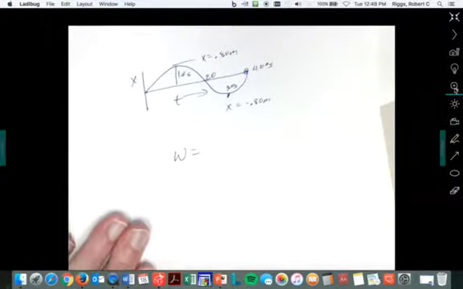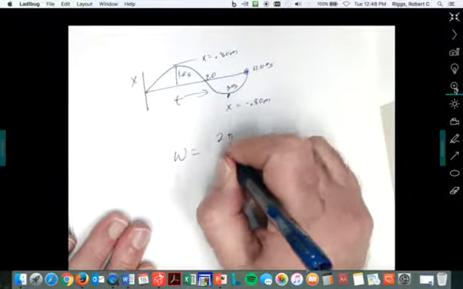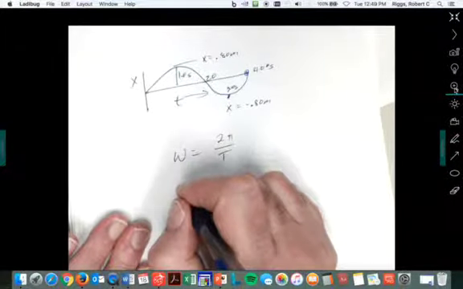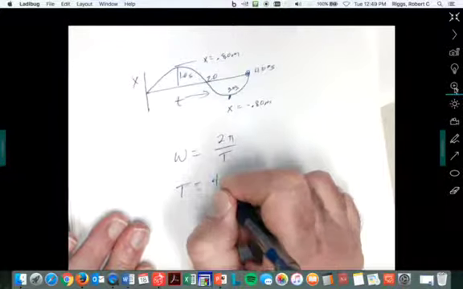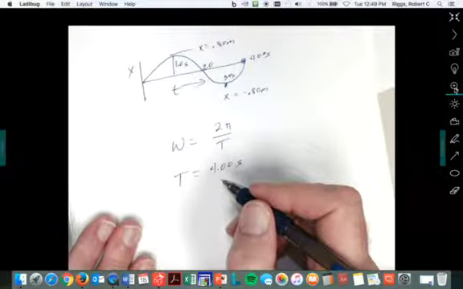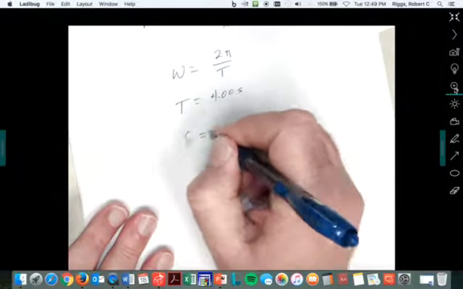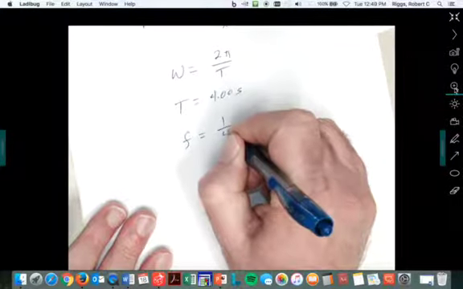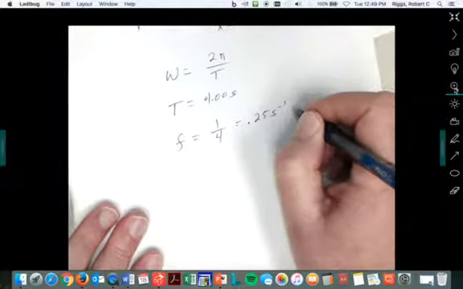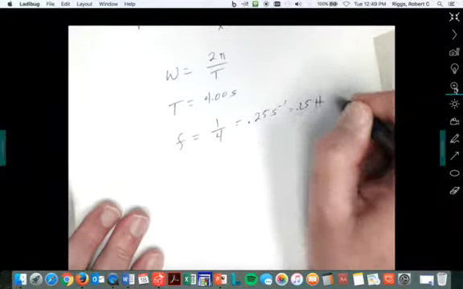Omega is equal to 2 pi over T. The period, T, is equal to 4 seconds, because that's when it went through an entire cycle. The frequency is equal to 1 over the period, which is 0.25 seconds to the negative 1, or 0.25 hertz.